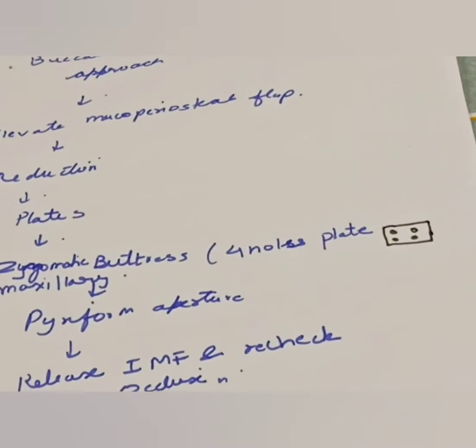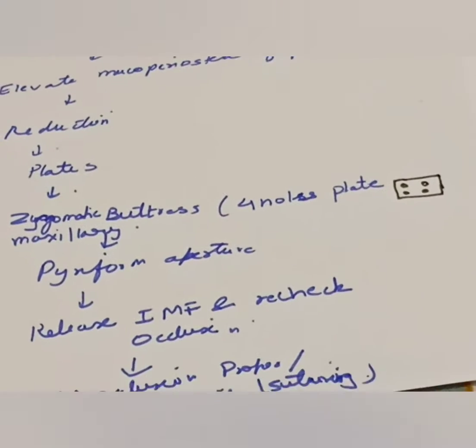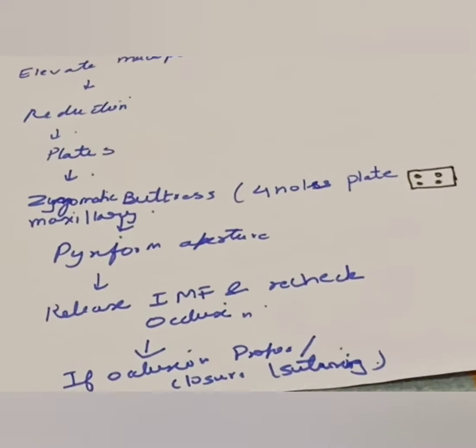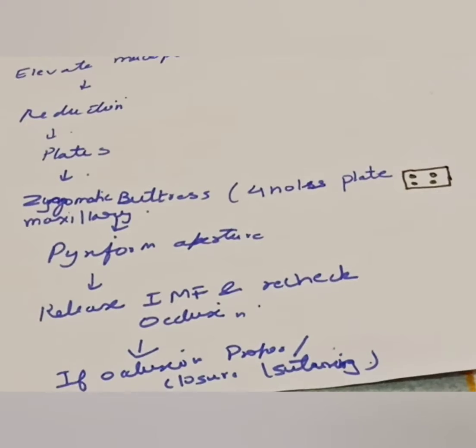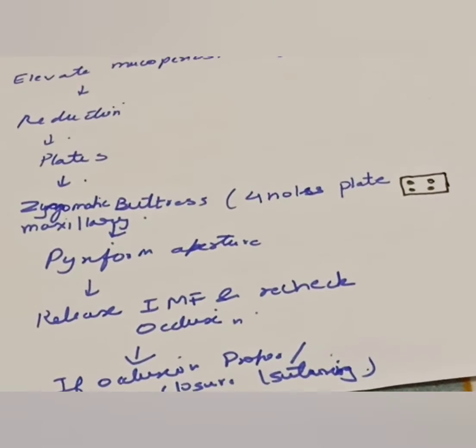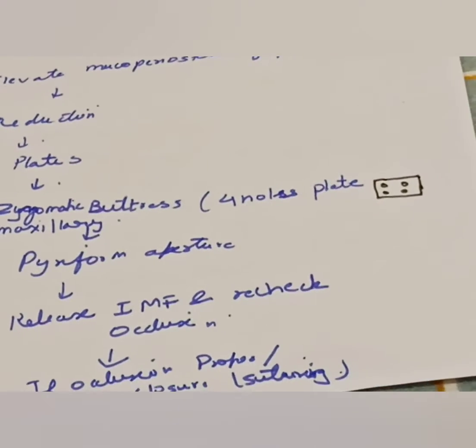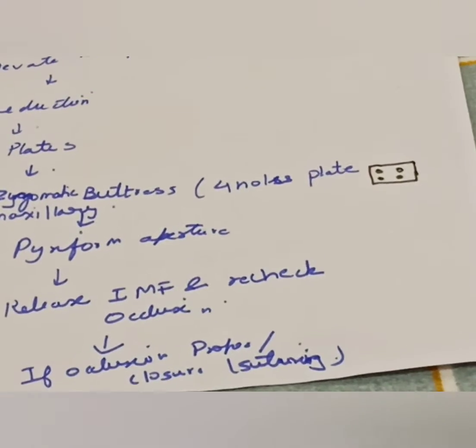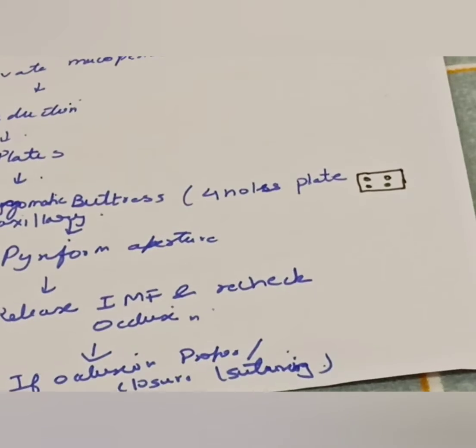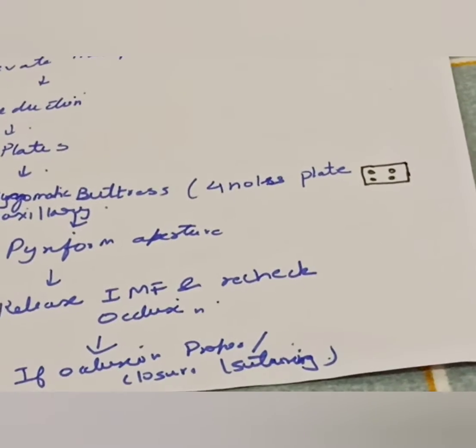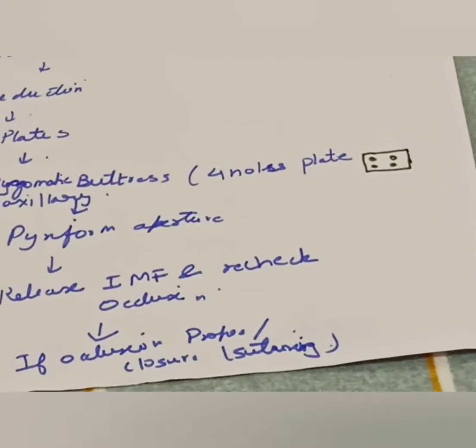Then you have to elevate the mucoperiosteal flap, and then you start with the reduction of the fracture. You are going to reduce the fractured fragments and bring them close together, and once you have reduced the fracture segments, you are going to put the plates.